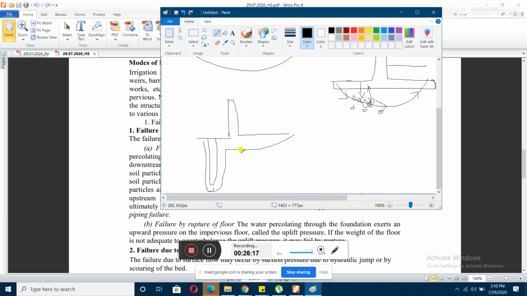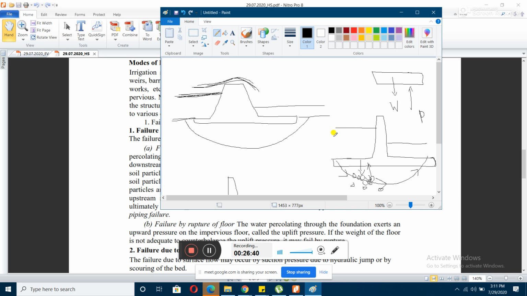As a result, the pore water pressure that develops will be less. Have you understood? The pile increases the seepage path length, so as the path length increases, a lot of head will be lost.